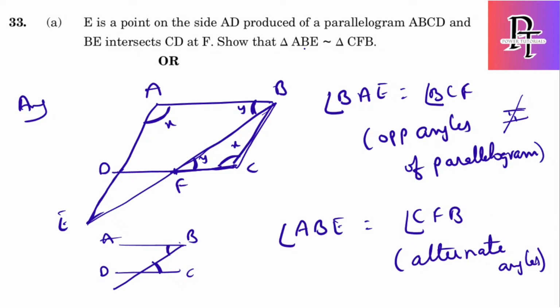Second, angle BAE is equal to angle CFB. You can say it the opposite way also, let's write this as angle FCB. BCF or FCB, both are correct. So let's compare now. B corresponds to F, A corresponds to C, and E corresponds to B. So hence I can say both triangles are similar.